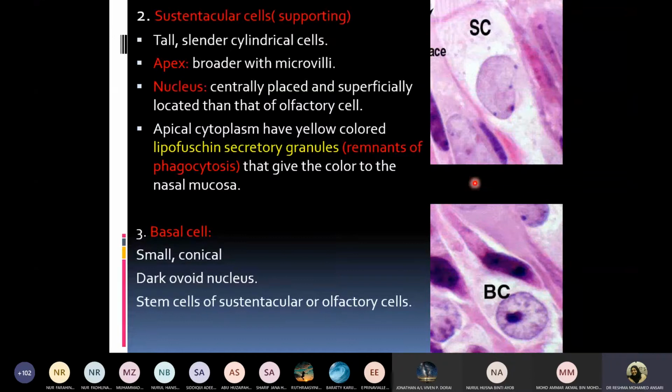This appears yellowish in color, and that's the reason the nasal mucosa has a yellow color. If these cells die, they have to be replaced by a cell, and that's your basal cell. Basal cells are small. They are present only towards the base, at the basement membrane, and they will replace your sustentacular or olfactory cells. Am I clear?